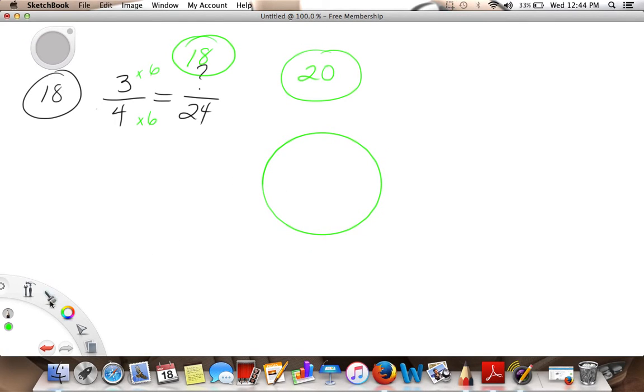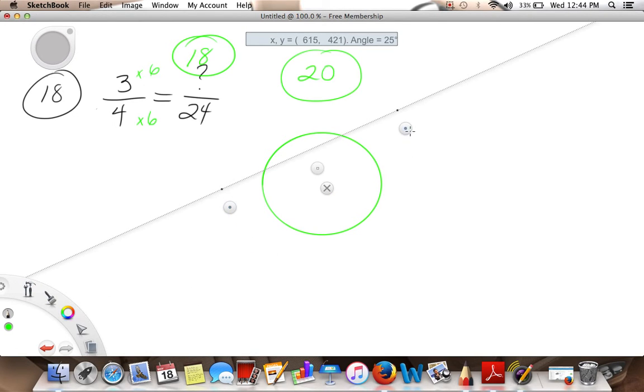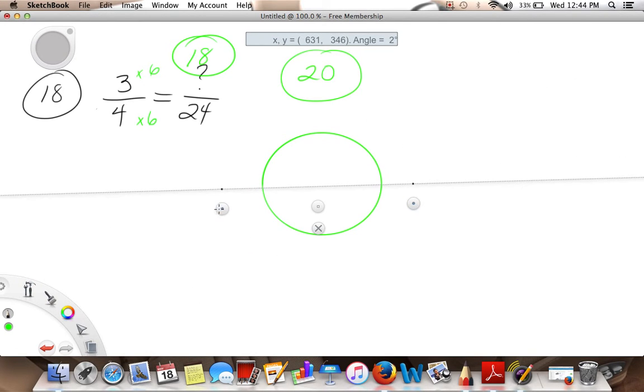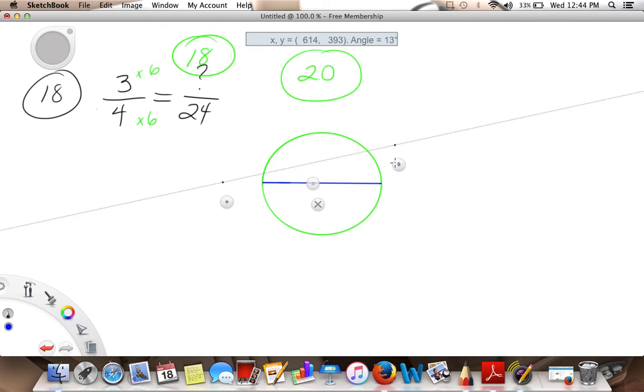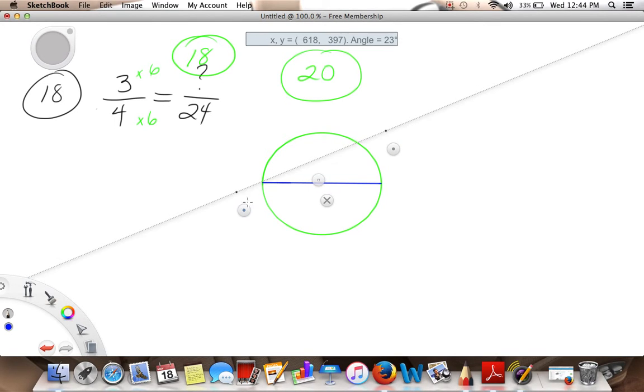We have another segment here in this circle that looks like this, and we're going to say, let's make it a different color. Let's make it blue. So we have a segment right there, and then we have another segment that is about right here, and it looks like that.